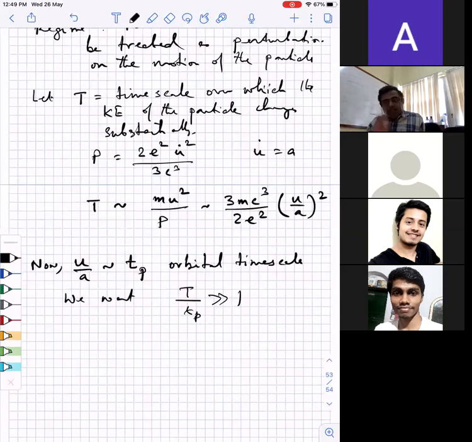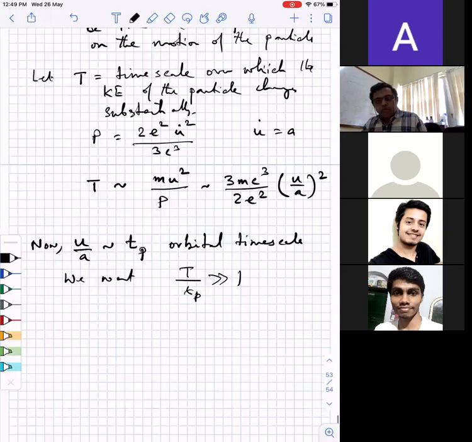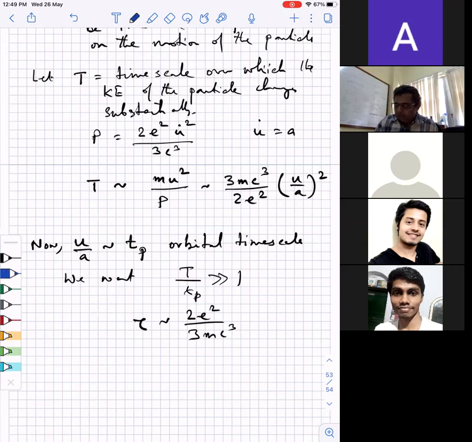We can think of another time scale, tau, which is 2e squared by 3mc cubed. So there are three time scales coming in here. There's the one given by this, and over here we have another time scale.